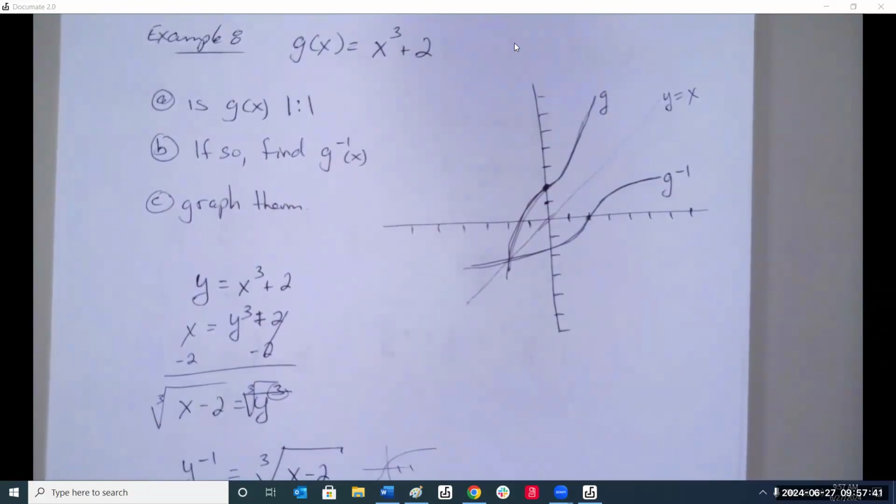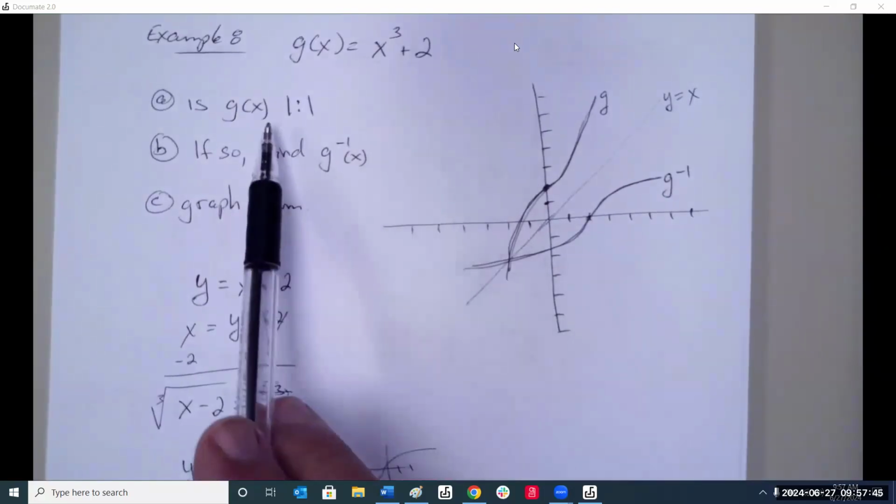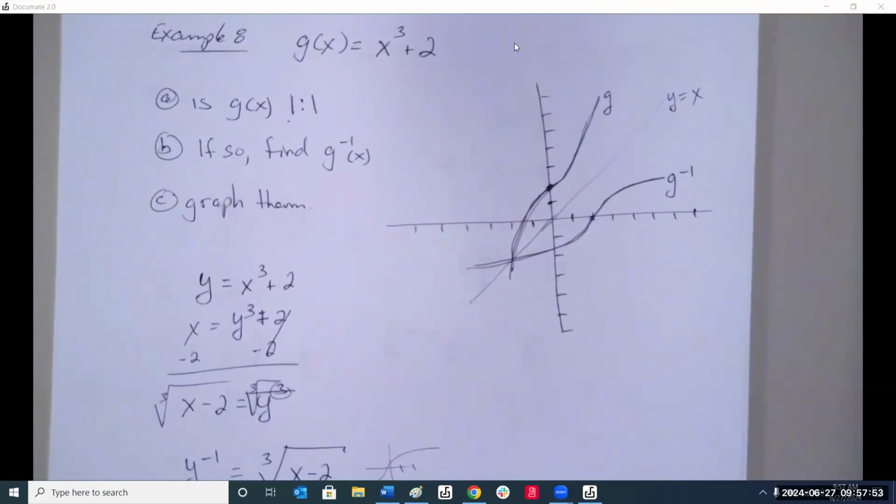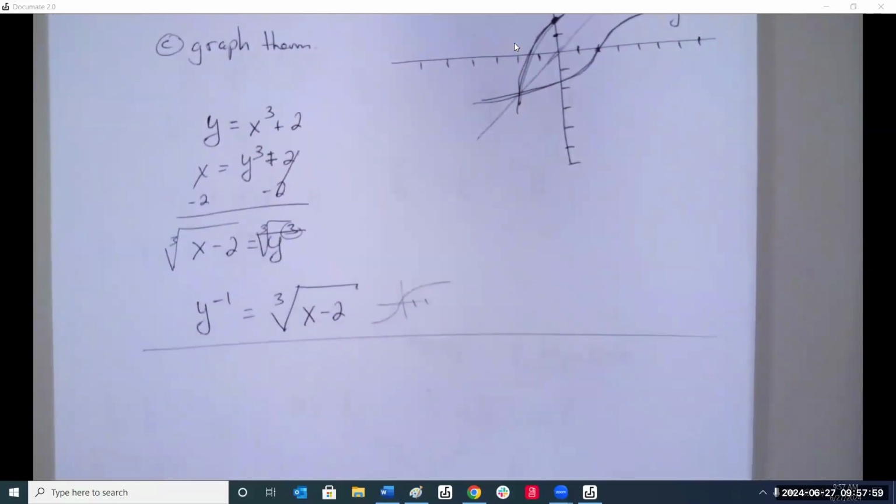So we know since the original function is 1-to-1, we know the inverse is 1-to-1. So that's what we see looking at the graphs. What if we didn't have the graph?